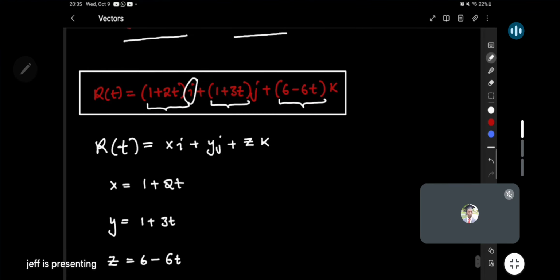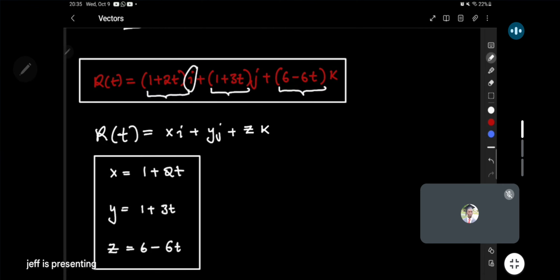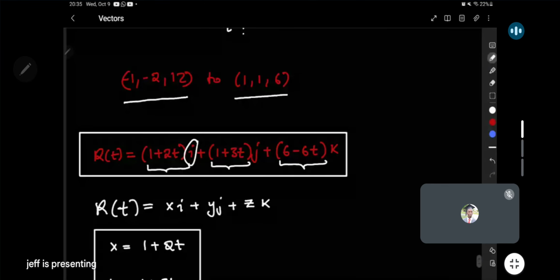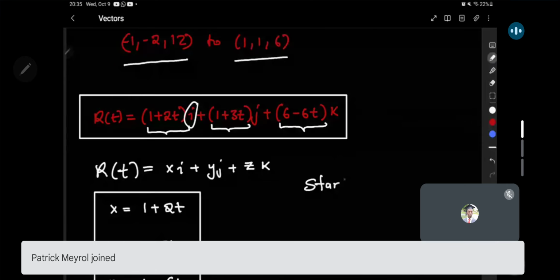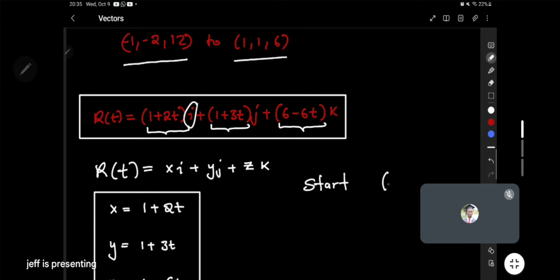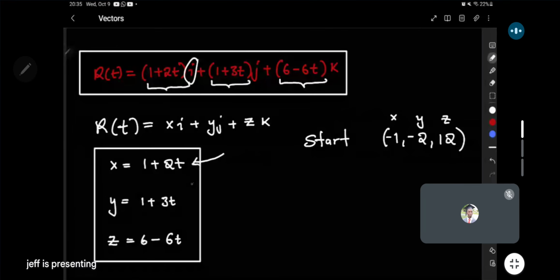Well, we have just seen that the position vector can be reduced to these parametric expressions. And in our starting case, where are we starting from? The starting point is -1, -2, 12. So at the starting point, what was the value of t? Here the coordinates are given in terms of x, y, and z, and this is giving us the position on the x-axis.